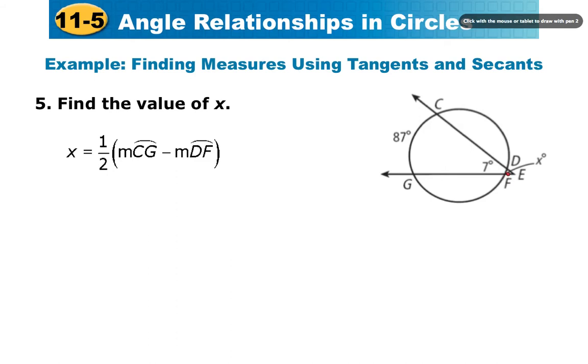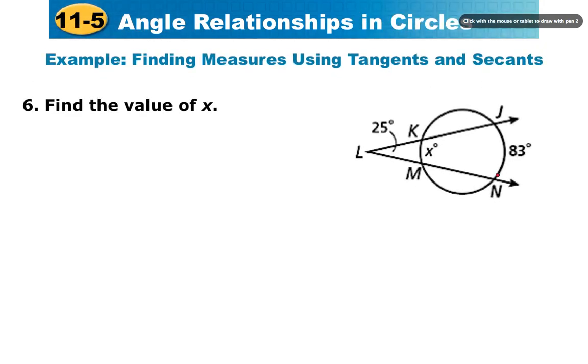X, which is the exterior angle, is equal to half the measurement of CG minus DF. I substitute. This is 87, it's right here. This is 7 degrees, right here. Do a little bit of math, and that's how we get 40 for X. So this angle here is equal to 40 degrees.